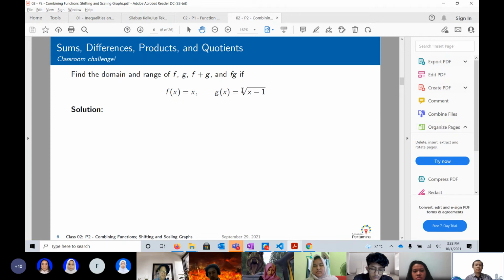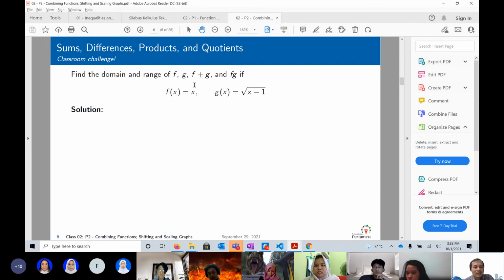Do you need me to solve this, or can you try this one at home by yourself? Up to you. You want me to solve this, or you'll try it by yourself later?